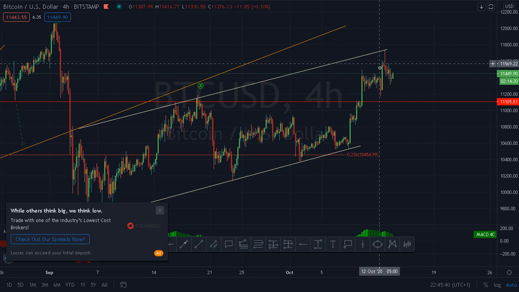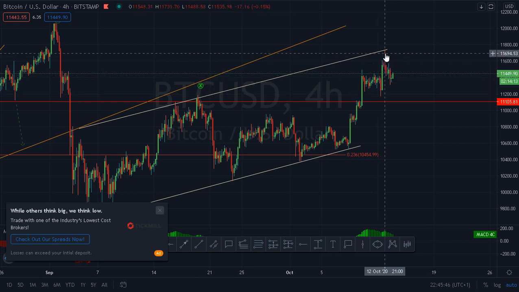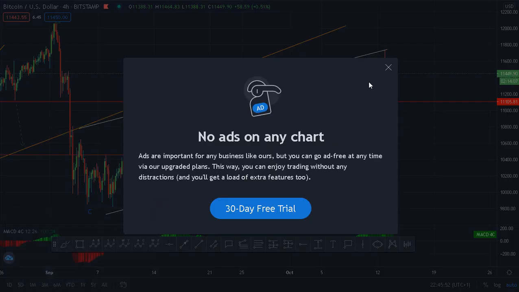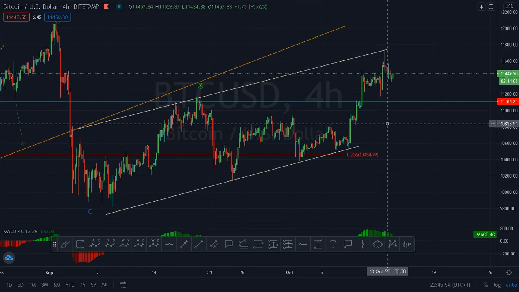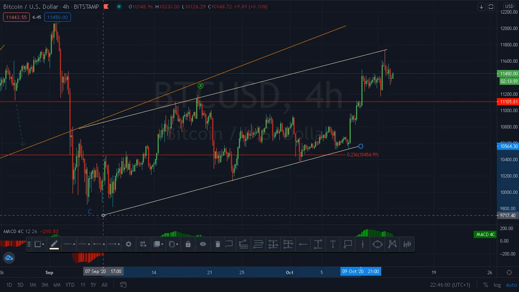And you see, if you had entered here, by now you would be in loss, because it just bounced here and came back. Just as I said that buying is late, Bitcoin is going to come down to something below $10,000 before we talk about buying again.